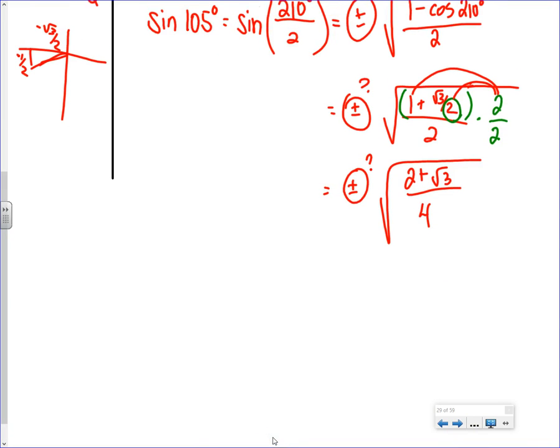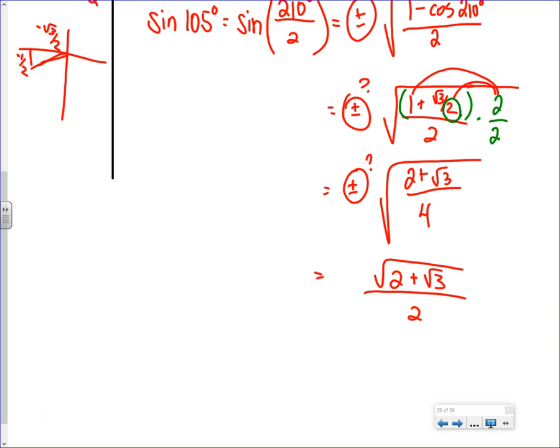But we still have that dilemma of needing to choose plus or minus. So now we have the final numeric representation. Square root's only up top, it's the only one that I can't simplify. Square root's out of the bottom because square root of 4 is 2. So is it plus or is it minus, and why?